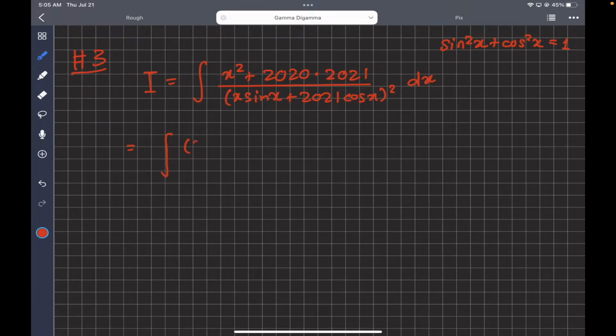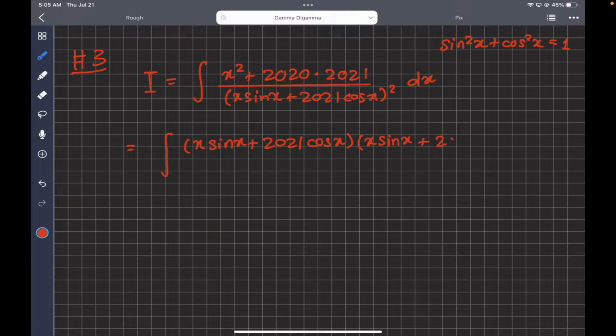And we have x sine x, if we factorize it in terms of the numerator and of the denominator, we have this. So if you want to generate a sine squared, because we want an x squared, we need another factor like that. So we need x sine x. So if they multiply, we're going to get an x squared sine squared.